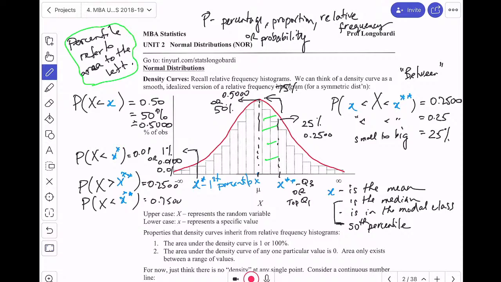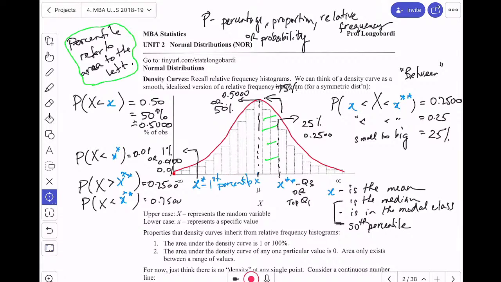So I can calculate, or I can interpret area to the left, area to the right, and area between as percentage or chance of seeing observations. So this represents, like all these other examples, let's say this was spending in a cafe. Okay, so this is the distribution of spending of customers entering a cafe throughout the day. This is the amount of money people spend.